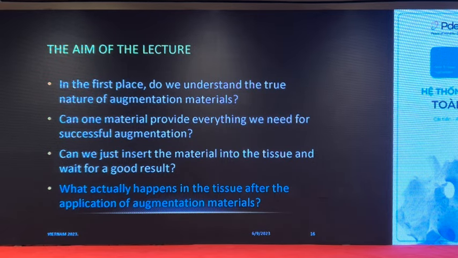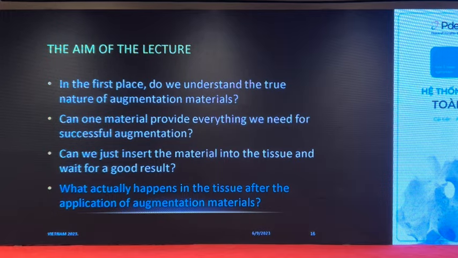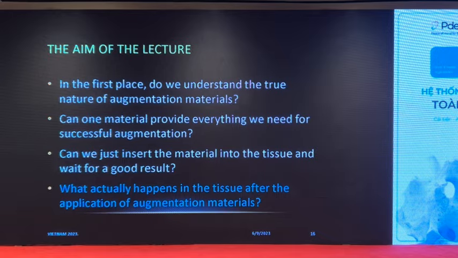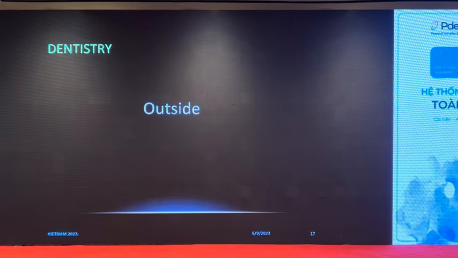Can you just insert the material into the tissue and wait for the good results? Or what actually happens in the tissue after the application of augmentation materials? I think the last one is the most important question for us. What was changed because of these augmentation materials?